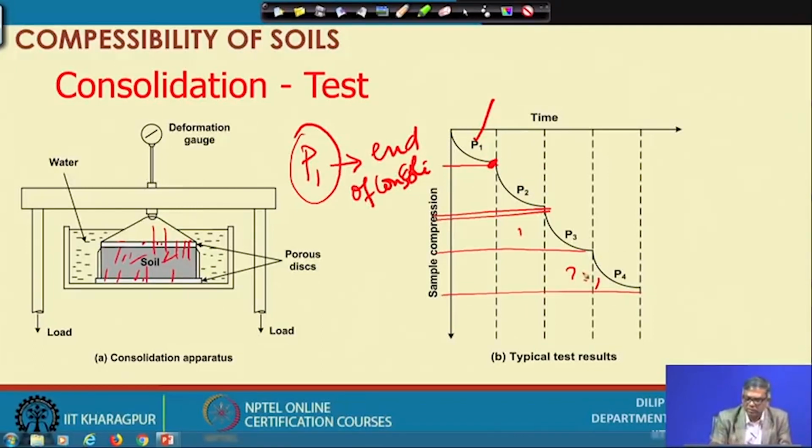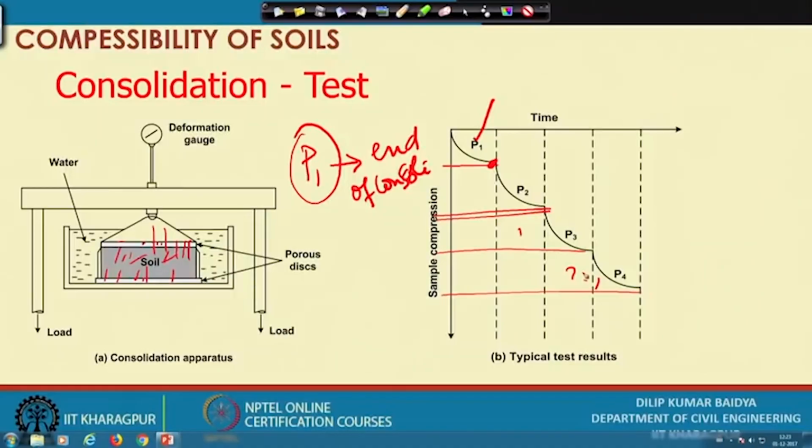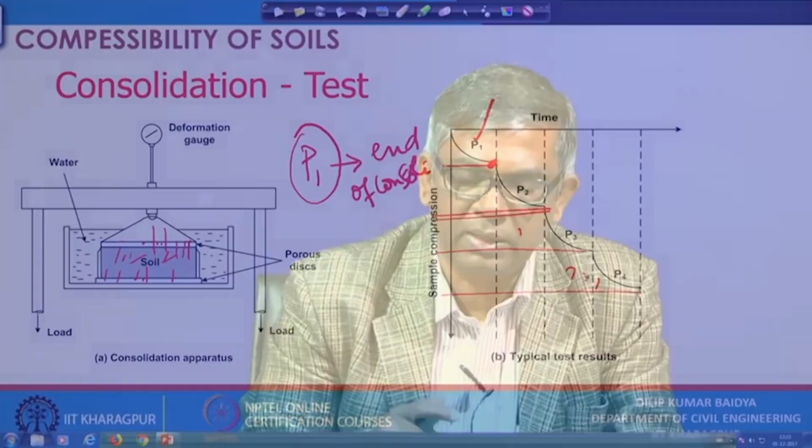So, if I apply load, because of this consolidation mechanism there will be compression, and we need to estimate that compression. To estimate it, we can introduce some terminology, and if I estimate those parameters, we can find out the settlement. For that, let us go to the next slide.